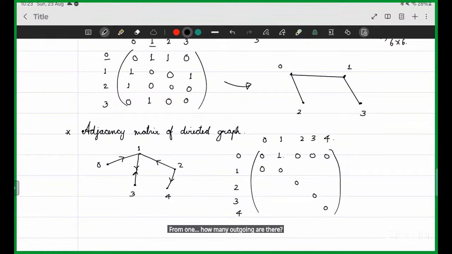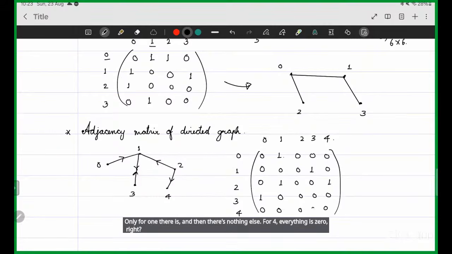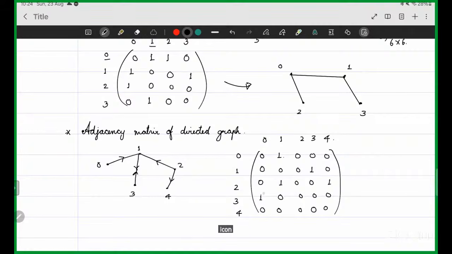Only one, and the rest are all 0. From 2, how many outgoing edges are there? 1 and 4, the rest are 0. From 3, it will be only 1, and nothing else. For 4, everything is 0.